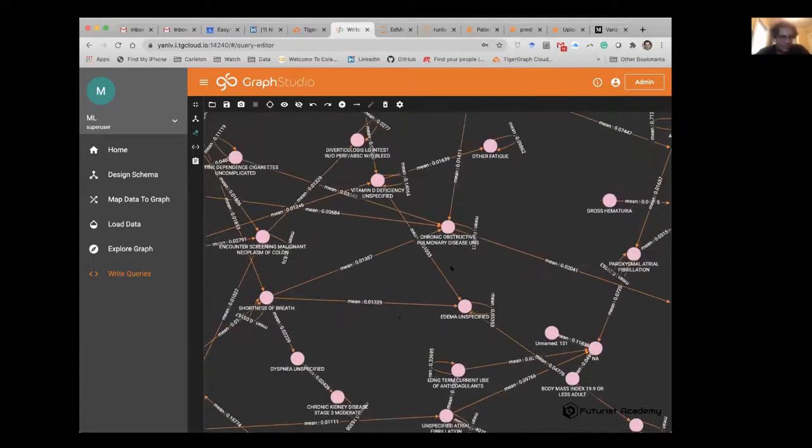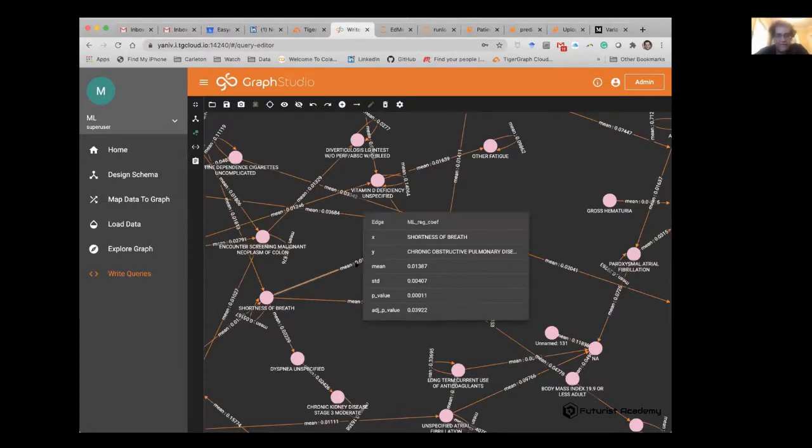What you're seeing here now is basically the result of these regressions. This is from real patient data, conditions from the whole of 2019. How do they predict conditions in 2020? The edges are like the coefficients in this regression.